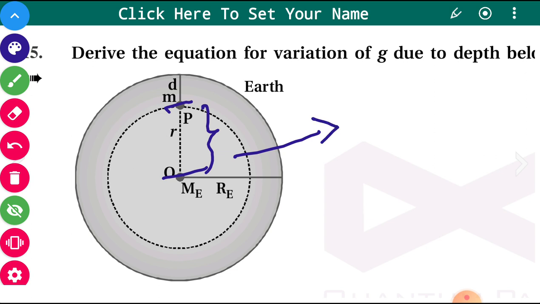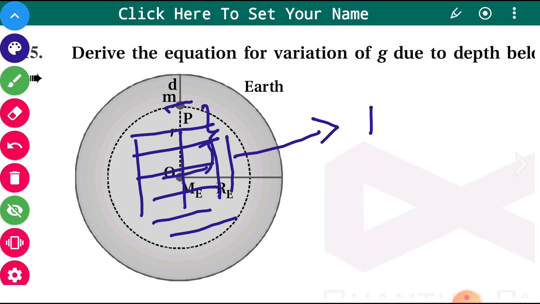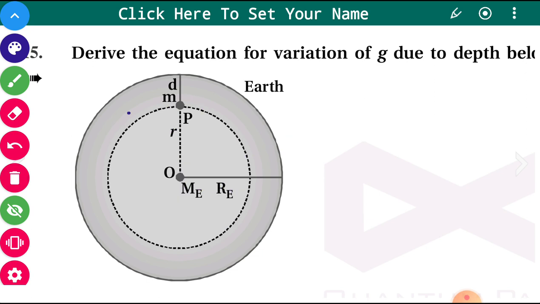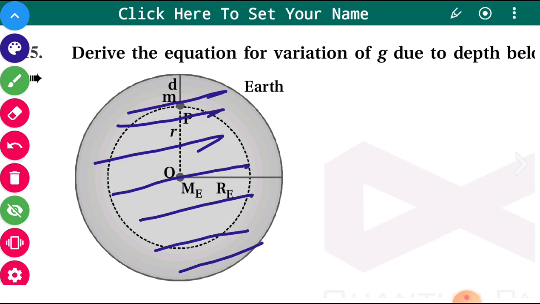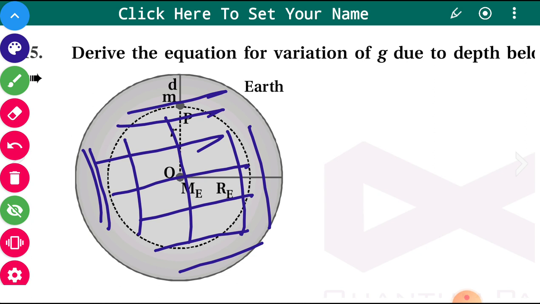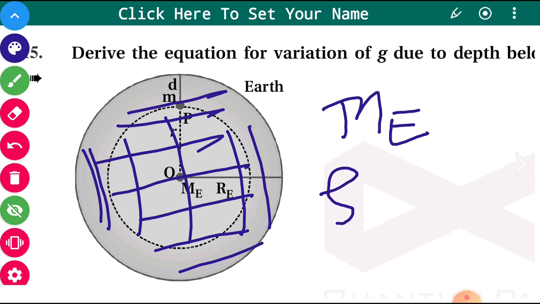Now the mass of this small sphere which is inside, we shall denote by mr, and the total mass of the whole earth is denoted by me, and the density of the earth is taken as rho.